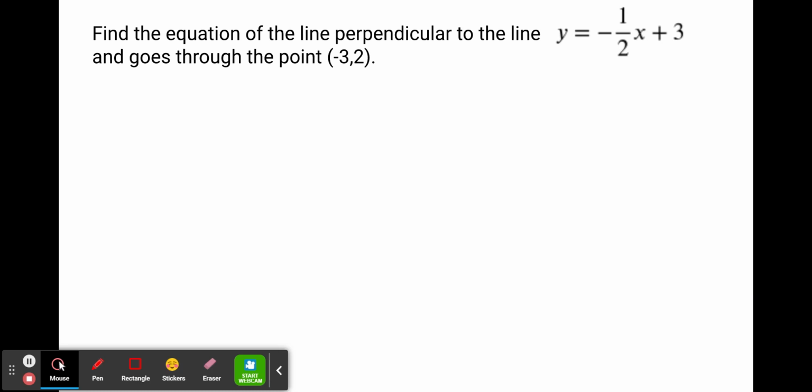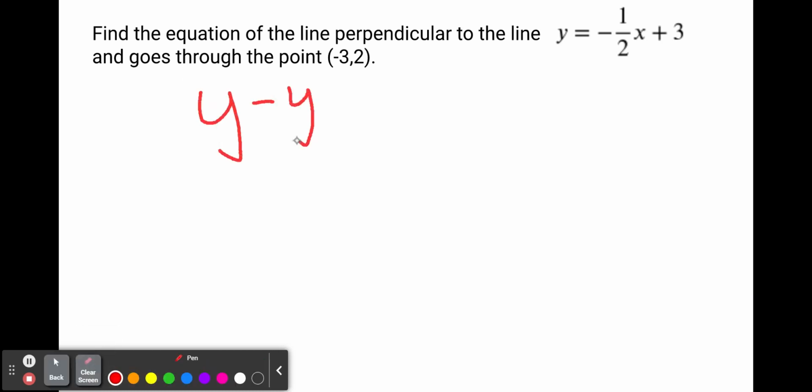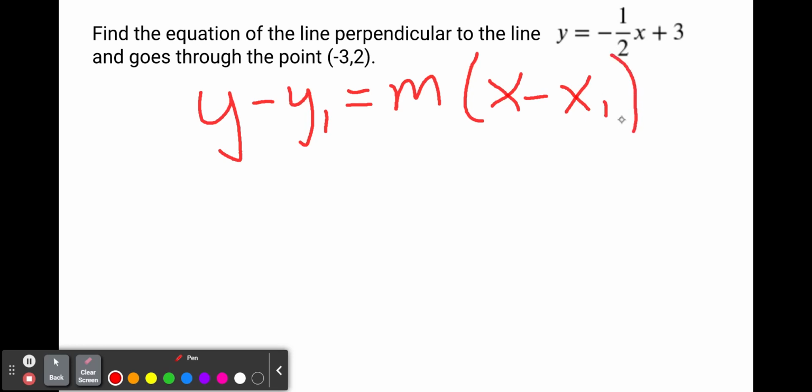Okay, so if I am going to write the equation of the line, I need to use the formula y minus y1 equals my slope times x minus x1. The slope I'm going to use: I'm going to look at this slope here and flip it.